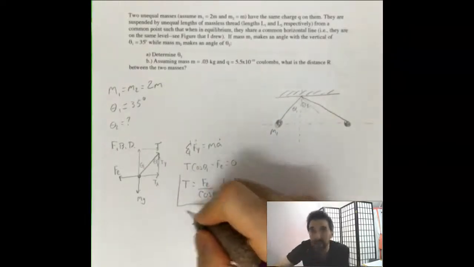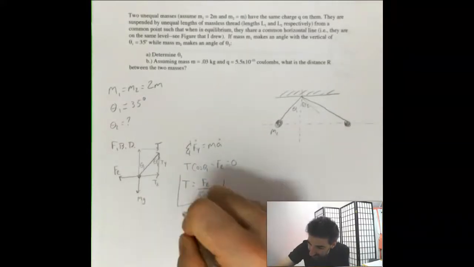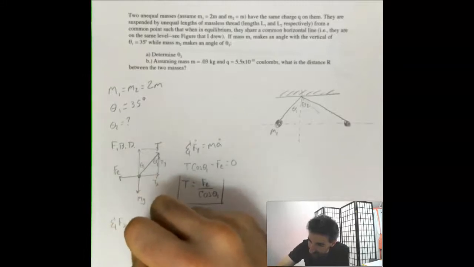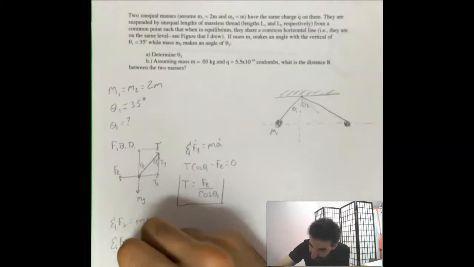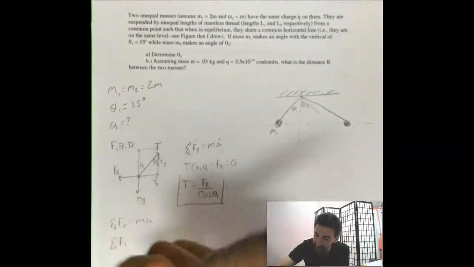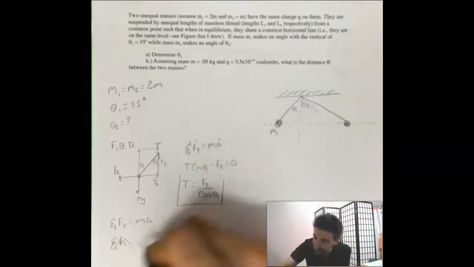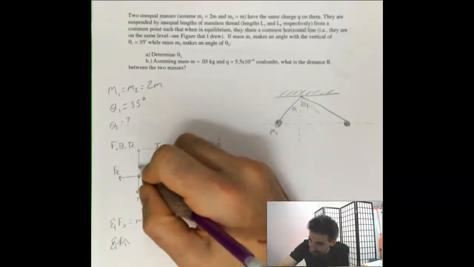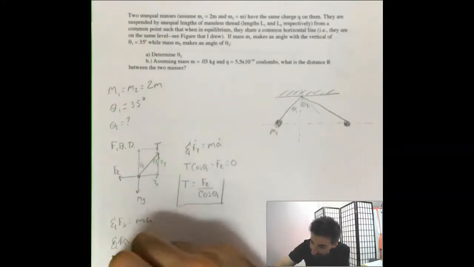Now I'm going to work in the x direction. Fx equals ma. Fx is going to be, I'm going to use this top angle here, T sine theta 1.